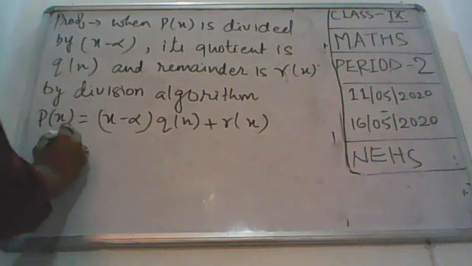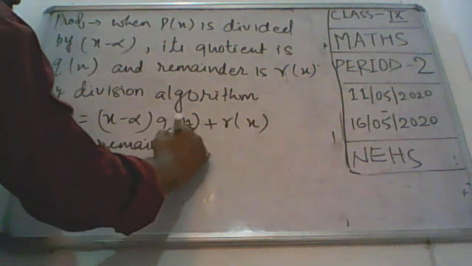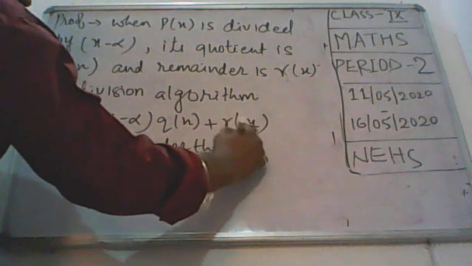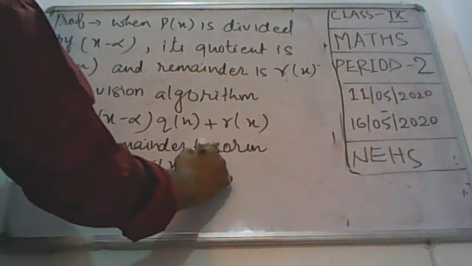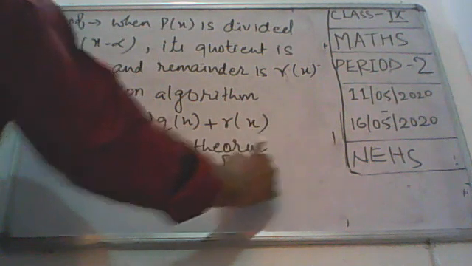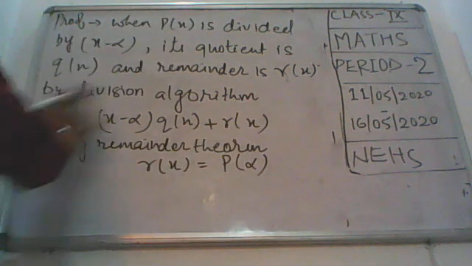So by the remainder theorem that we studied last class, what was r(x)? r(x) is equal to p(alpha). It means if I replace the value of alpha in the polynomial, whatever comes is my remainder.